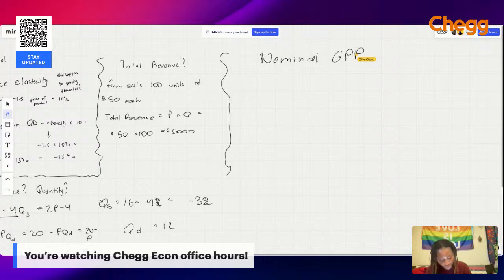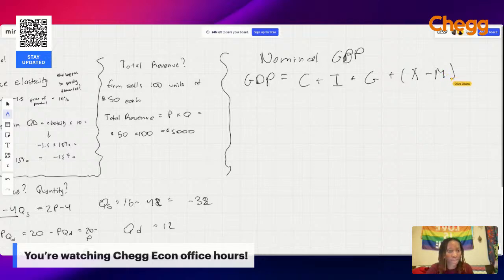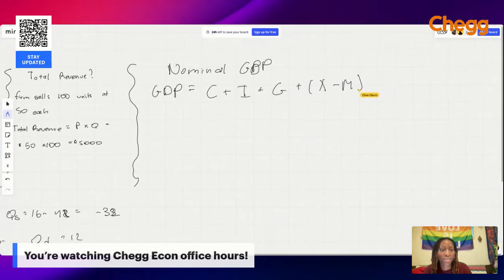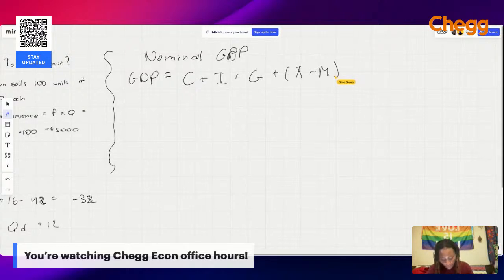And right here, GDP is consumption plus investment plus government spending plus exports minus imports. And for clarification, so you guys can know what they stand for, let's go for purple.